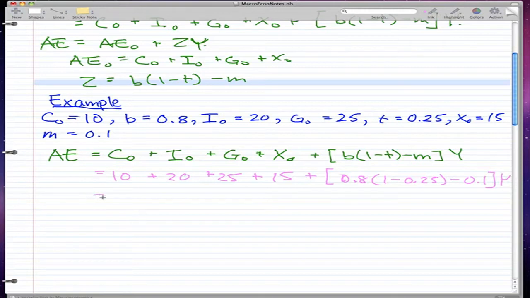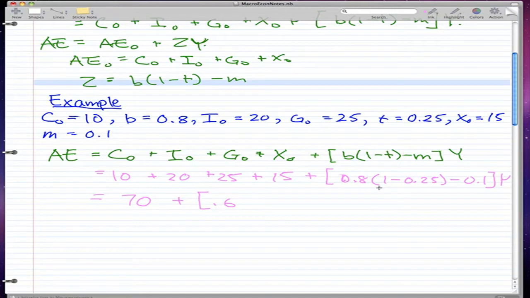So now that we have that, let's do the calculations. 10 plus 20 plus 25 plus 15. And what that gives us is 70. The things inside the brackets would give us 0.6 when we take 0.8 times 1 minus 0.25, or 0.75.